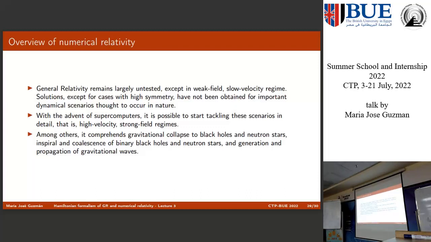Numerical simulations of general relativity have long been done on supercomputers, but nowadays they are preparing some codes which allow you to perform some simple simulations on your laptop.